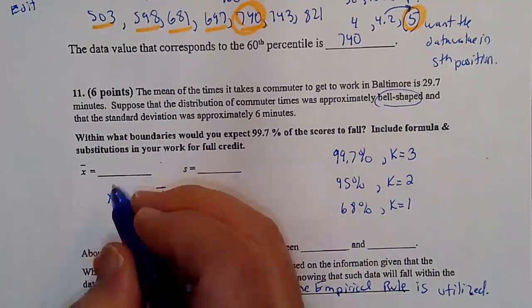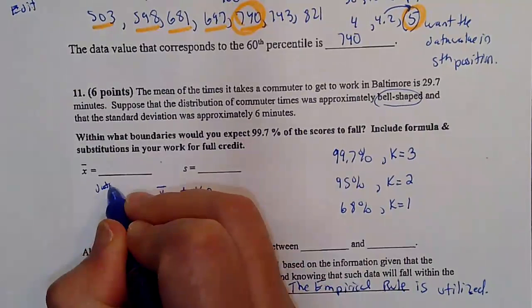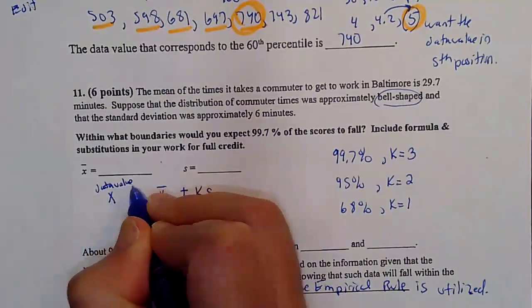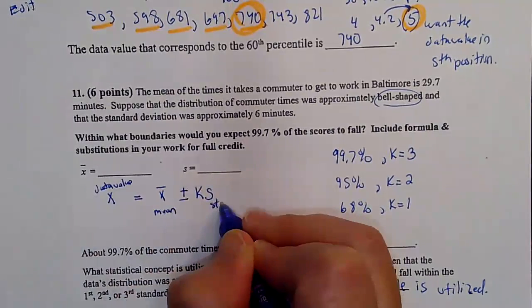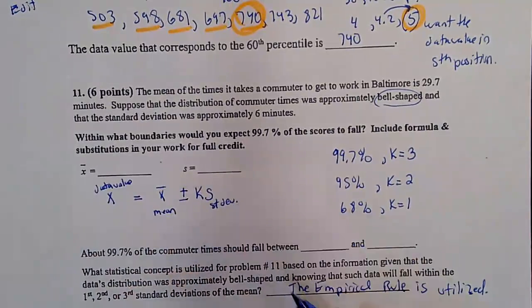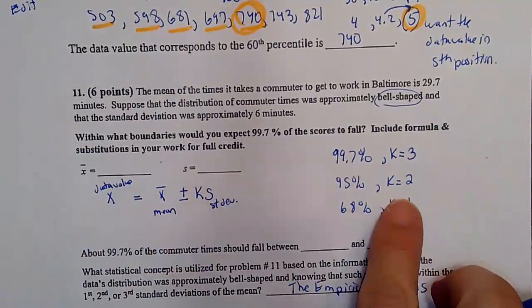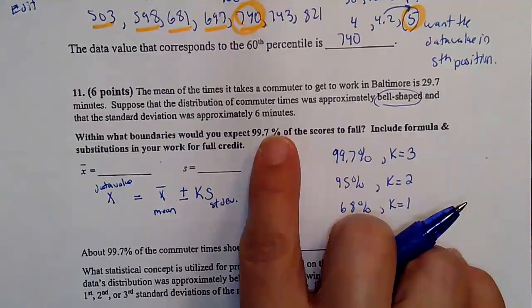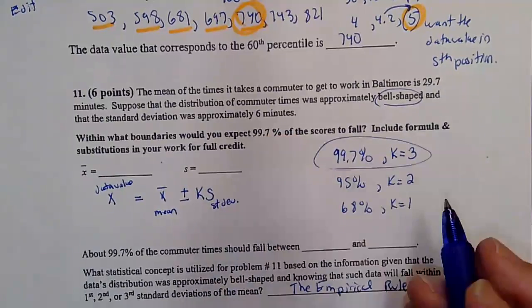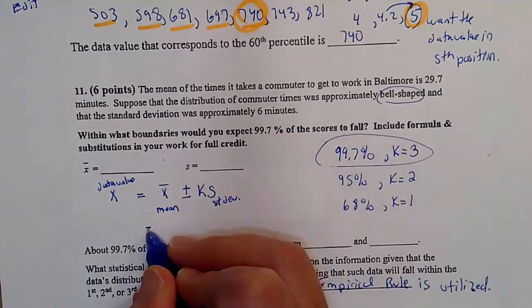Remember, X is your data value. This is your mean, right? This is your standard deviation. And then you have your Ks here. Ks are related to your percentages. So because this is 99.7, we have K is 3.